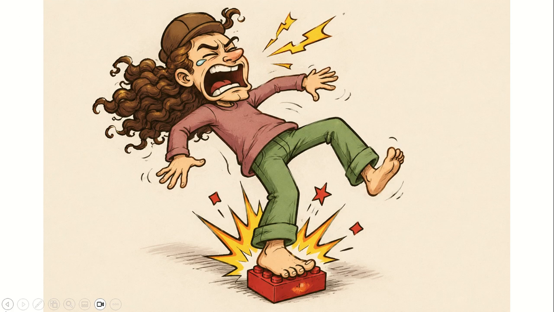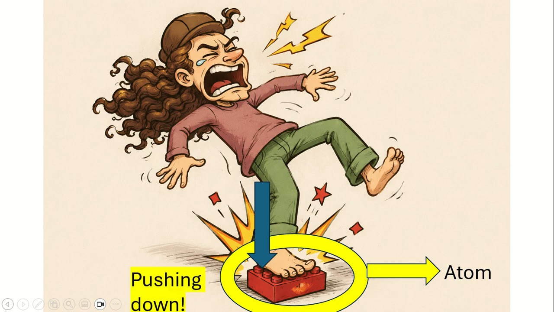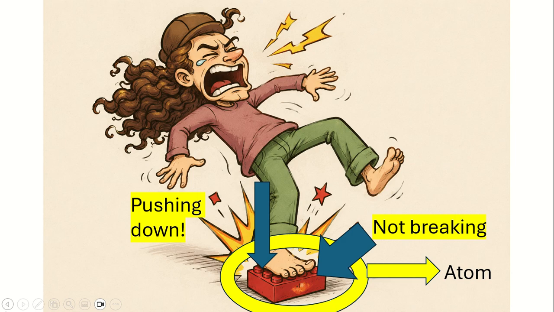So we do not want this happening, where you step on a Lego brick. You don't want it happening, right? Because when you step on a Lego brick, let's call this Lego brick an atom, and you push down on that Lego brick, you may notice that the red brick, that atom that we've called it, is not breaking.